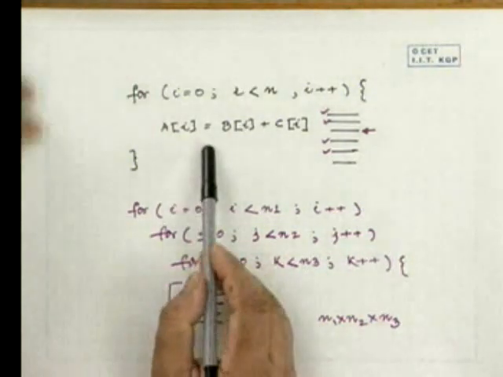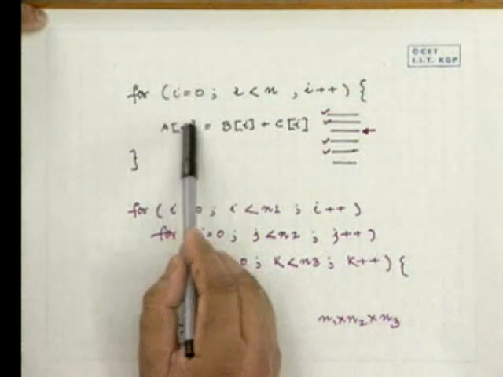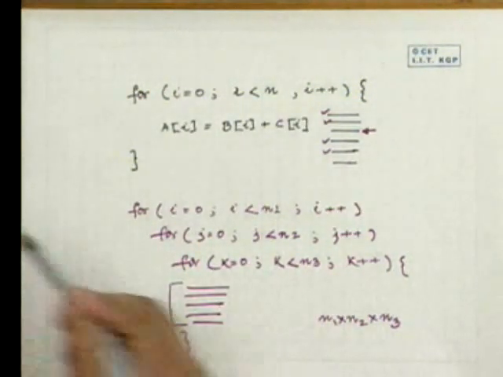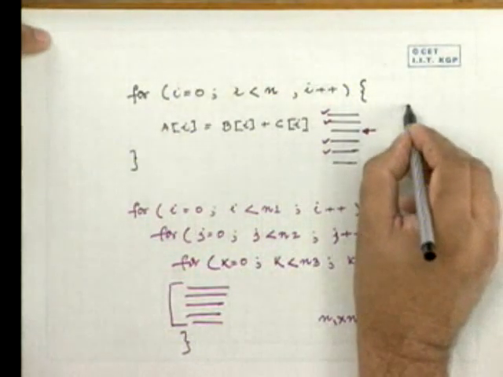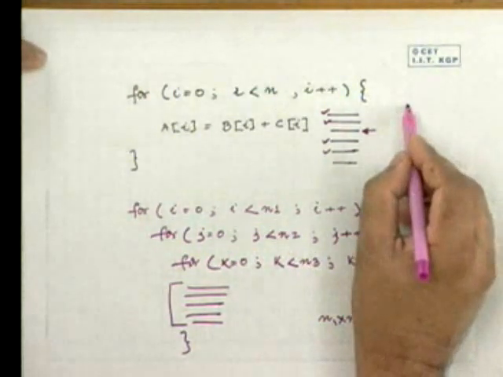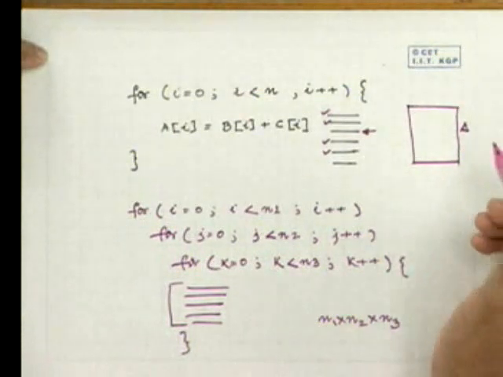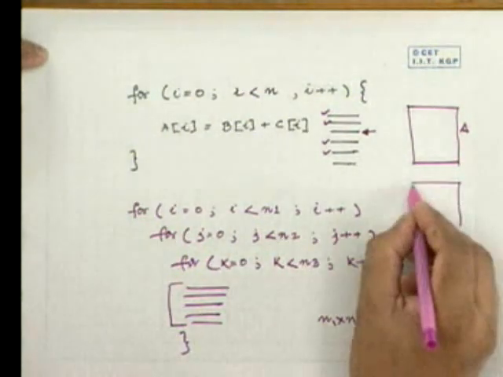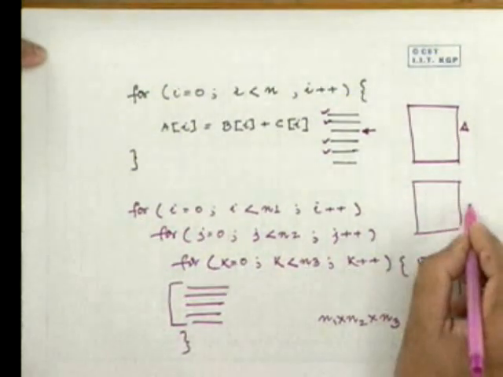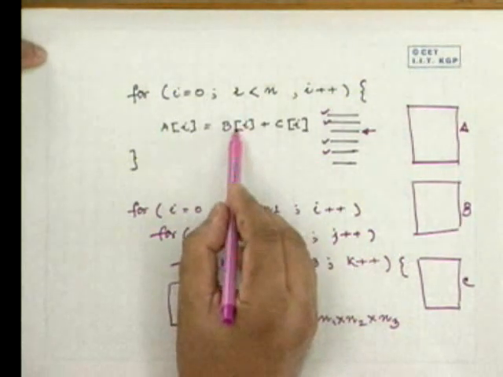Similarly, the temporal locality and the spatial locality will hold for the data A, B, and C also, because mostly the A array, the B array, and the C array are accessed sequentially.